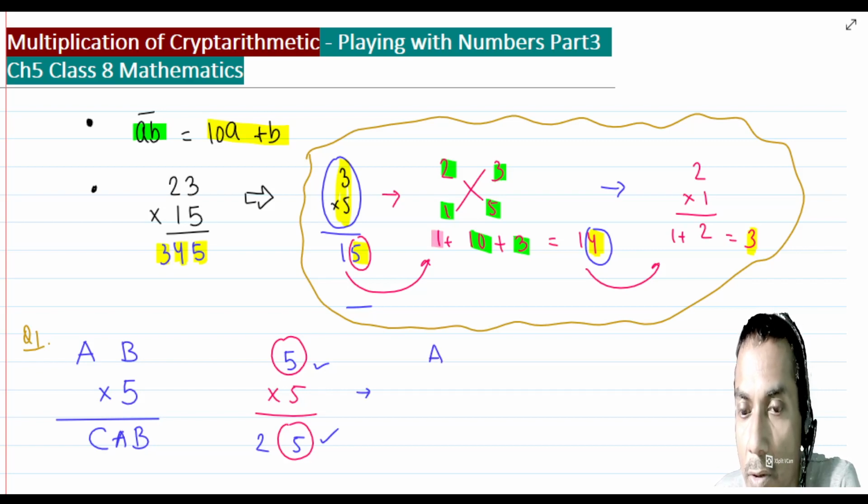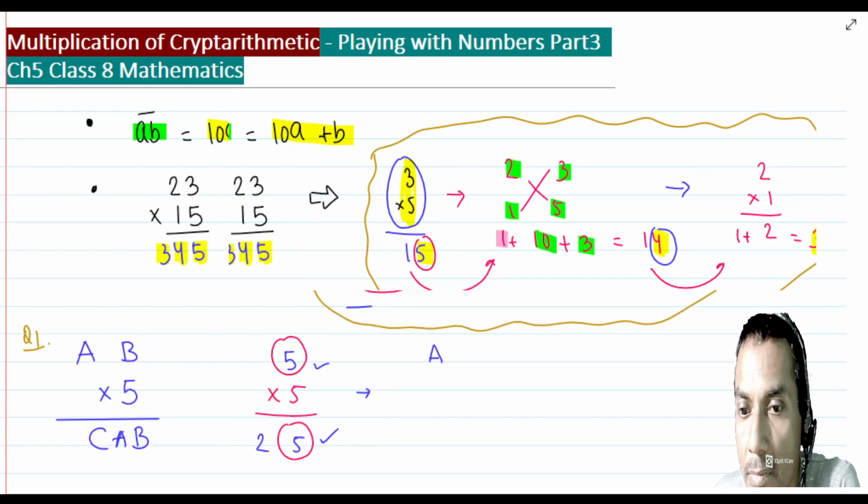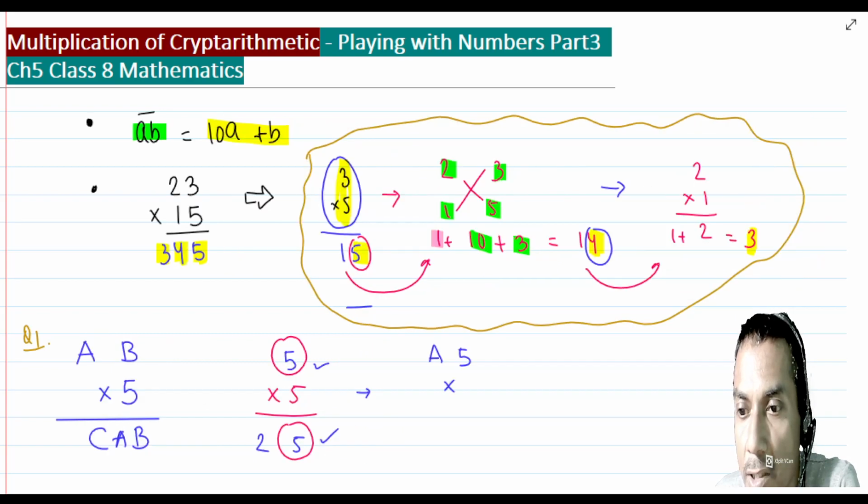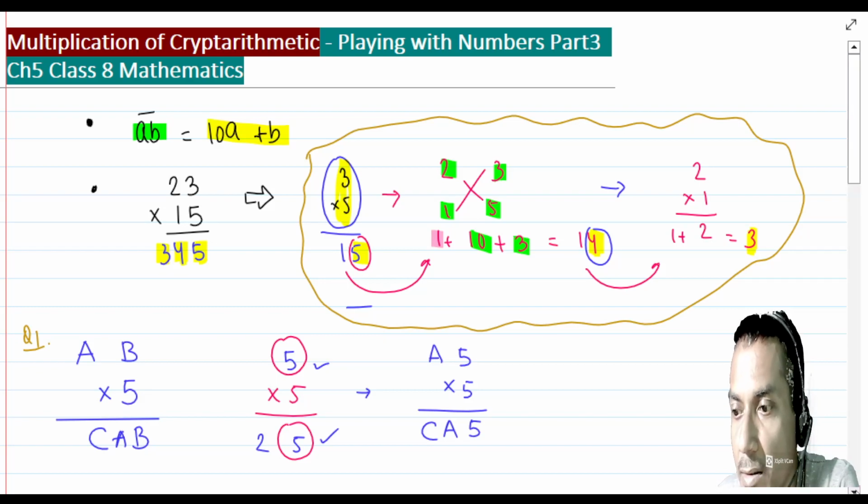So what do we get? 5 into 5, we replace b with 5 here, and here a and c. Now we have to find out the value of a and c also.